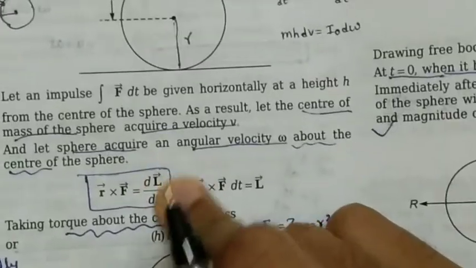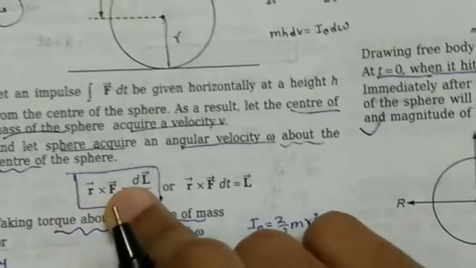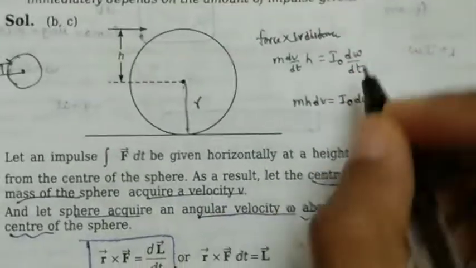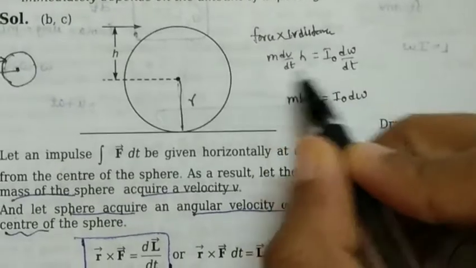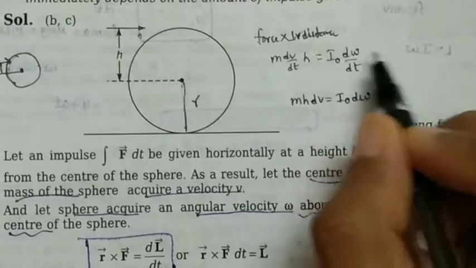So I naught is taken out. Actually that is d(I omega) by dt, so I naught could be taken out. Then we would have I naught into d omega by dt. Now dt would get cancelled, so what would be remaining is m h dv and I naught d omega.